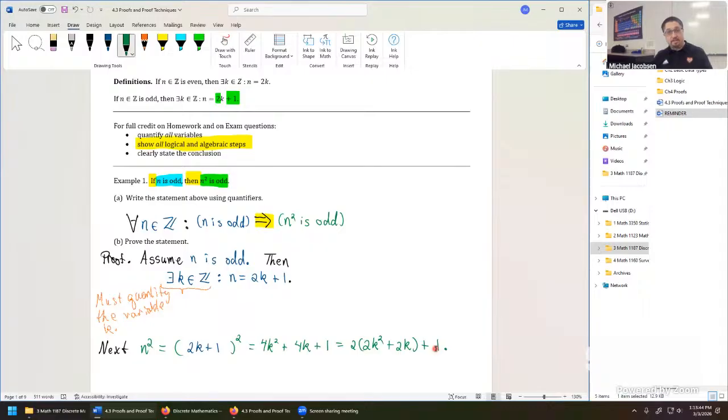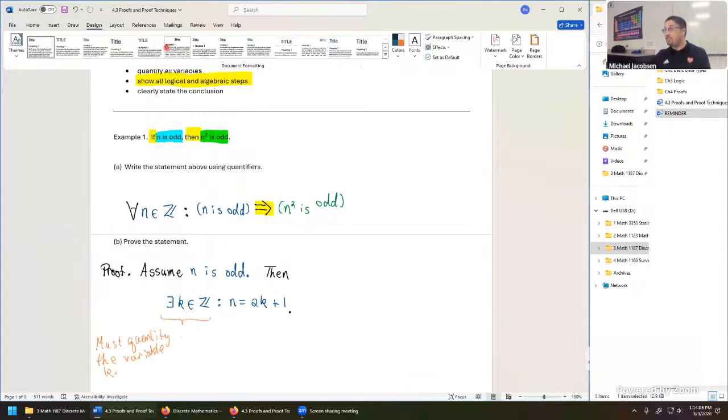That's just a different algebraic form of n squared, but this is now extra special for us. We can fit it into that structure. We're going to take our k to be this right here, but we need to be very, very careful. We also have to be sure our new k is really an integer. So that's the next line of the logic.